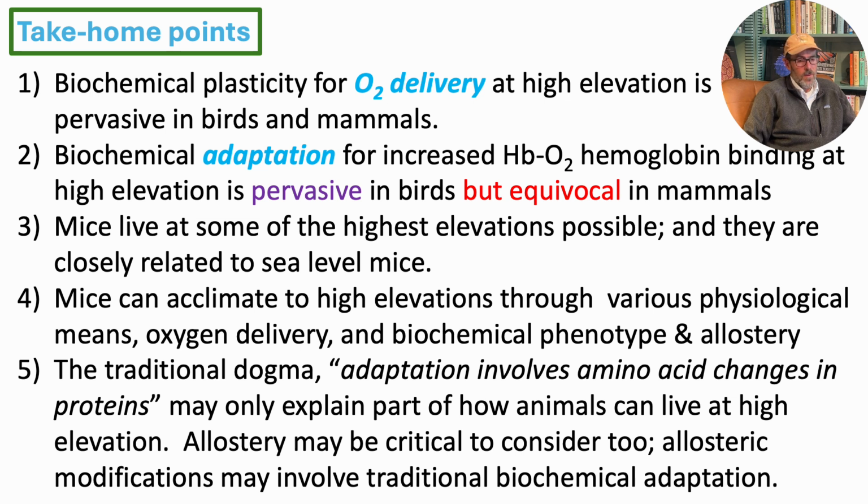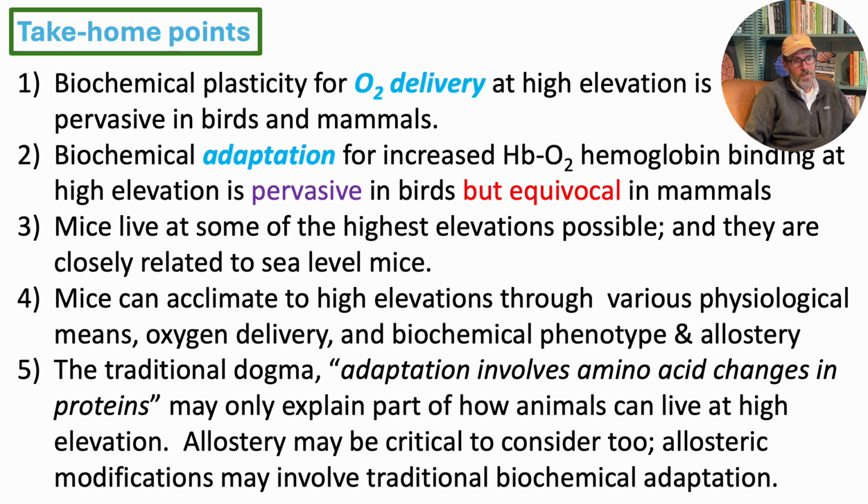I'll finish these take-home points with the really philosophical and important consideration that the traditional dogma of adaptation involving amino acid changes in proteins may only explain part of how animals can live at high elevation. Allostery, the chemical environment of the blood, may be very critical to consider too. But I'll just point out that these allosteric changes may be due to the traditional dogma of adaptation involving amino acid changes in proteins.